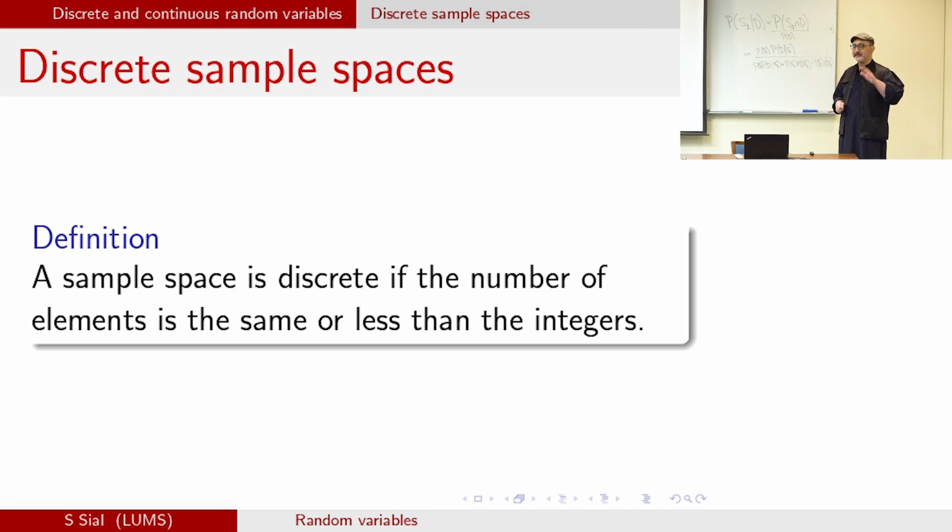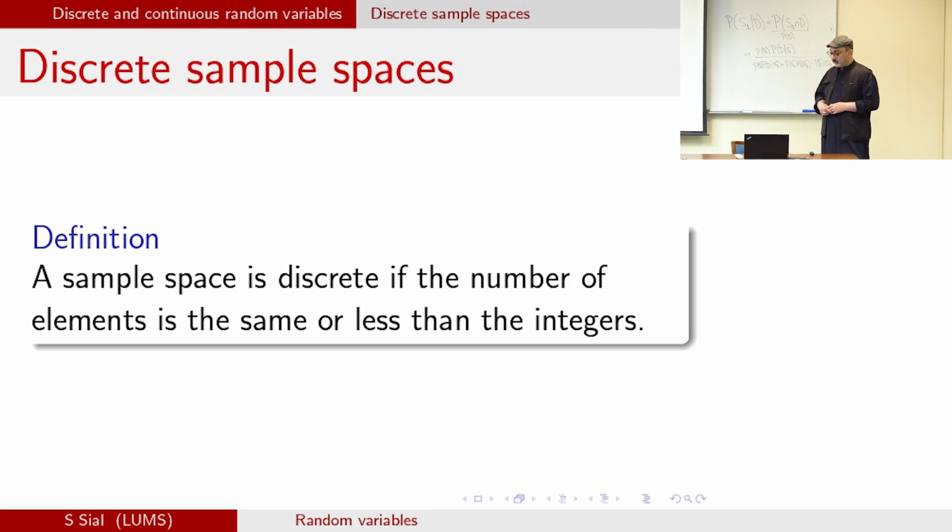And then we say, yes? So by integers you mean the set of integers? Yeah, the set of integers. If you had a sample space which had the cardinality of the integers, or some smaller set, we say that that's discrete. And then the random variables defined on a discrete sample space are called discrete random variables.